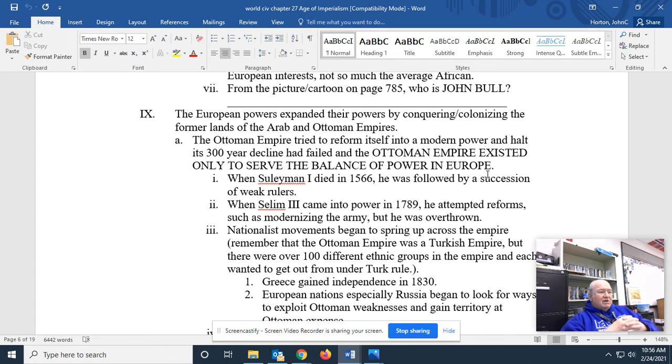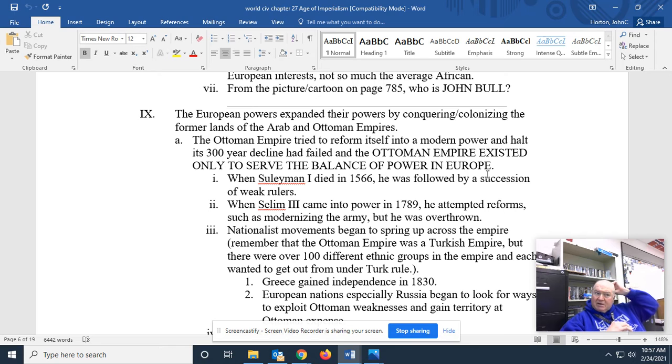It also could not keep a lid on the various ethnic revolts, for example, the Arabs who wanted independence from the Ottoman Empire, and the other groups, the Iraqis, the Persians, the Armenians.